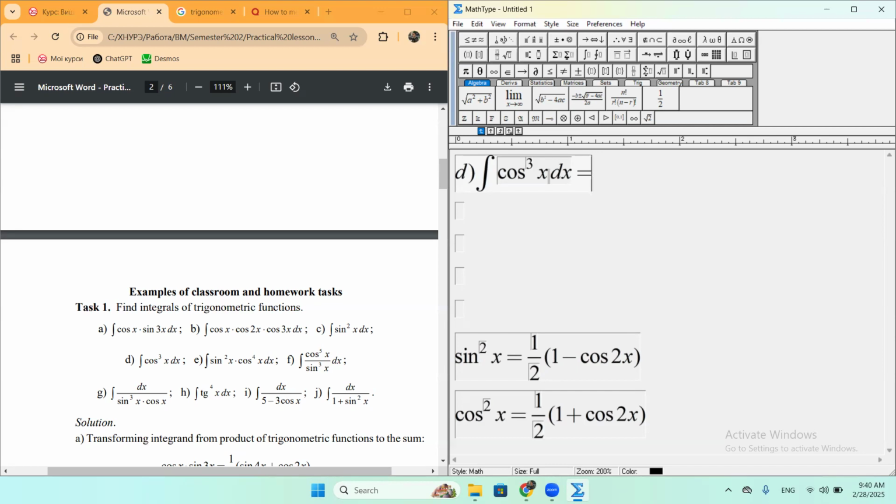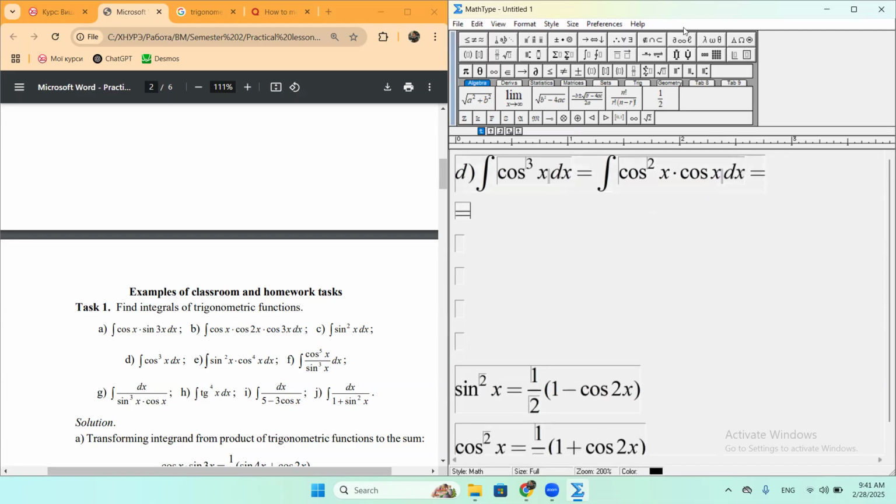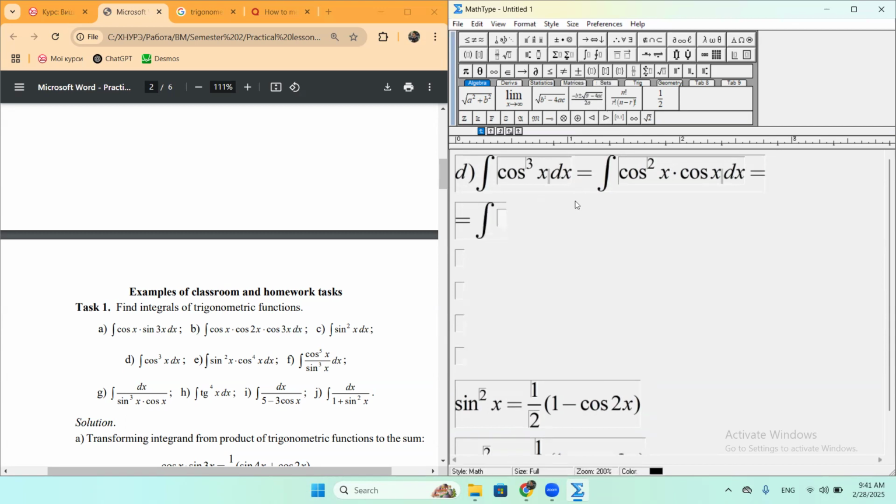No, we don't have to reduce the power of the cosine square in such a case. But yes, the beginning is correct. So what will we do? I will write it like a product, cosine square by cosine of x, and then so what is actually cosine of x dx?